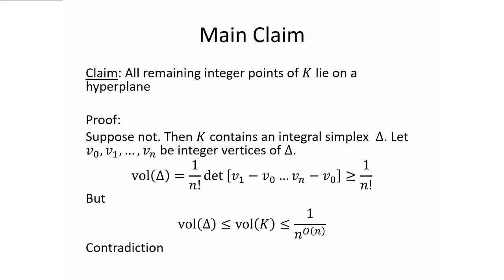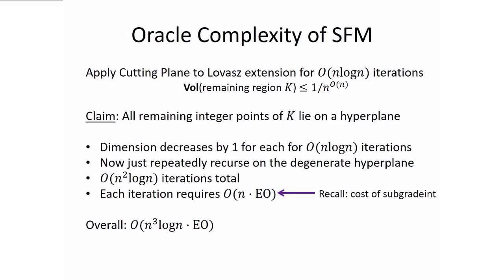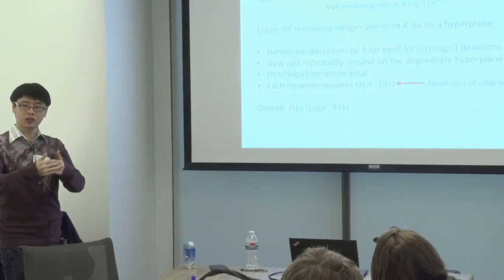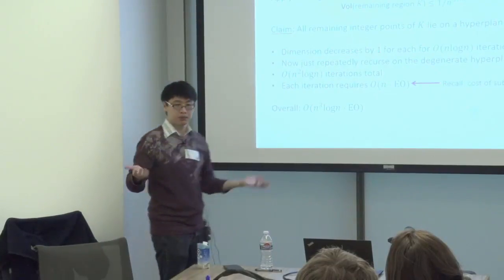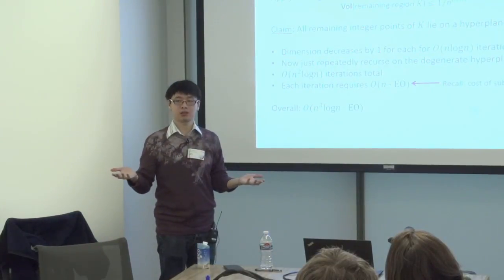So it's going to be too big to be contained in our target. So to summarize, once you do it for n iterations, you can identify all your remaining feasible solutions on a hyperplane. And that's because the minimizer has to be integral. It's a discrete problem after all.